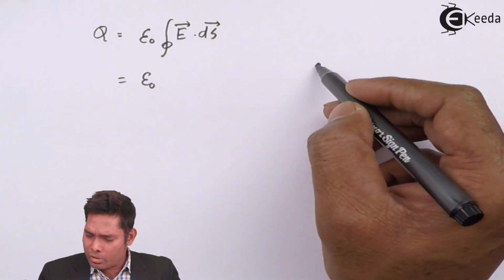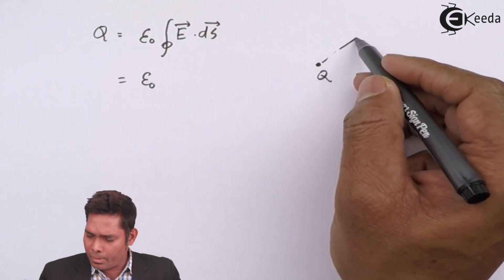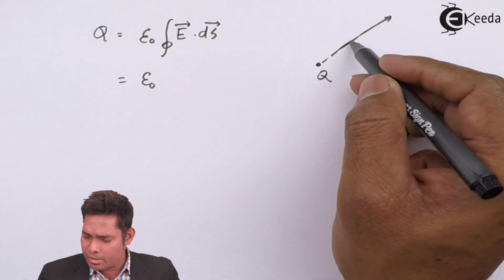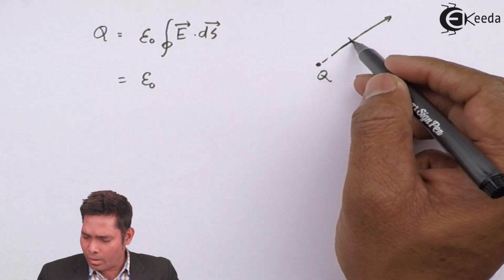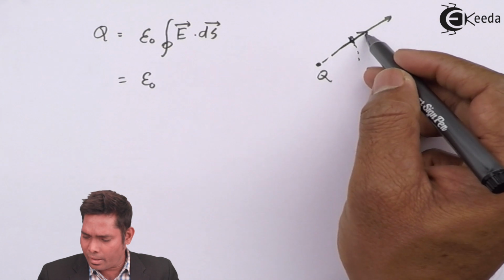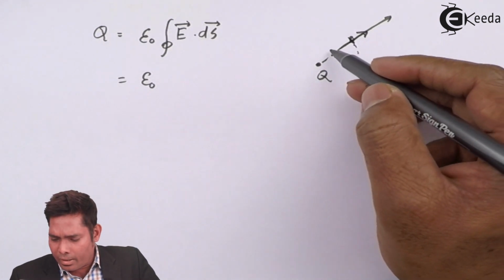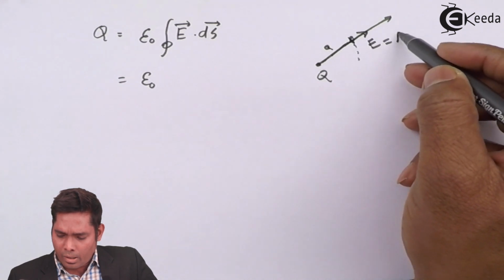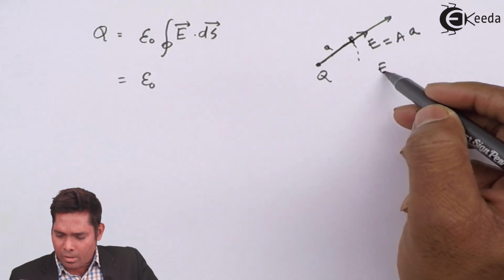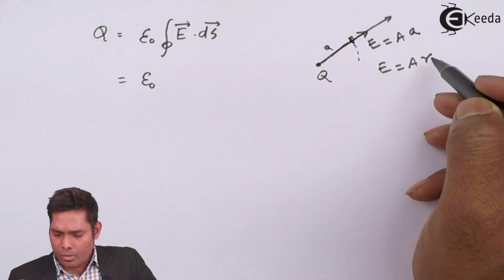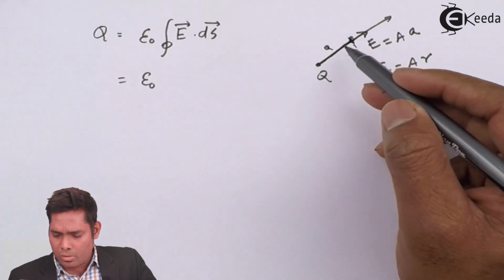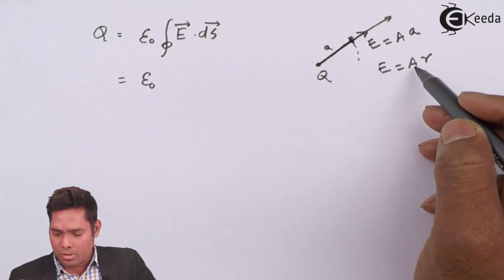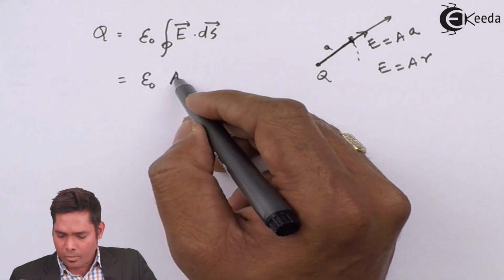The electric field extends radially, and at a distance A, the electric field will be A into A, because E is a function of A R. With R equal to A, it is A A.